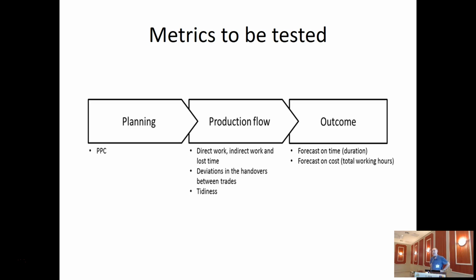I'm always concerned whenever I hear people say that the goal is to reach 100% PPC, because I do see trade partners who will game the system and undercommit themselves to achieve that 100%. I think this is a very good debate in LCI as well as IGLC: is the goal 100%?